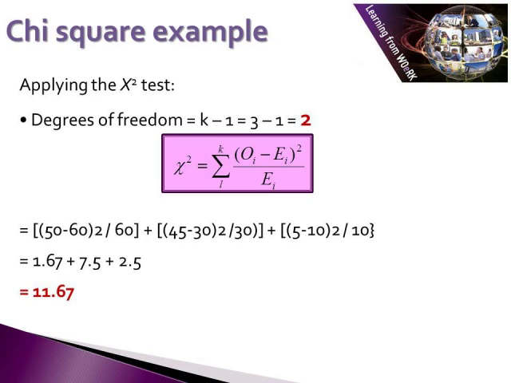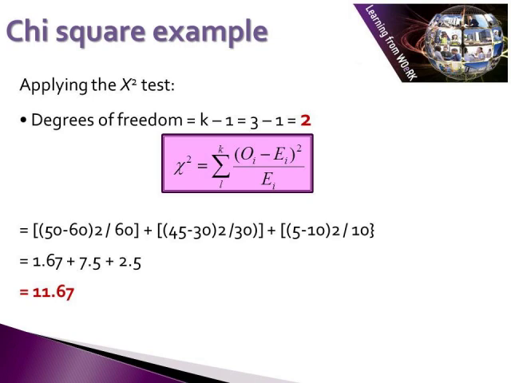Now for the equation, the first set of figures relates to our tertiary figures, the second set relates to the secondary, and the last set relates to primary. In the first set, we look at the tertiary figures. It says 50 minus 60, squared, divided by 60, and you can see that relates to O minus E, squared, divided by E. This relates to the fact that we had 50% of our sample working within tertiary.